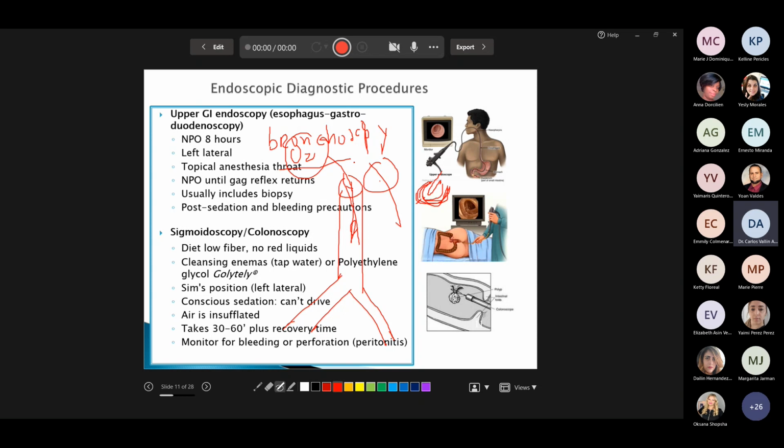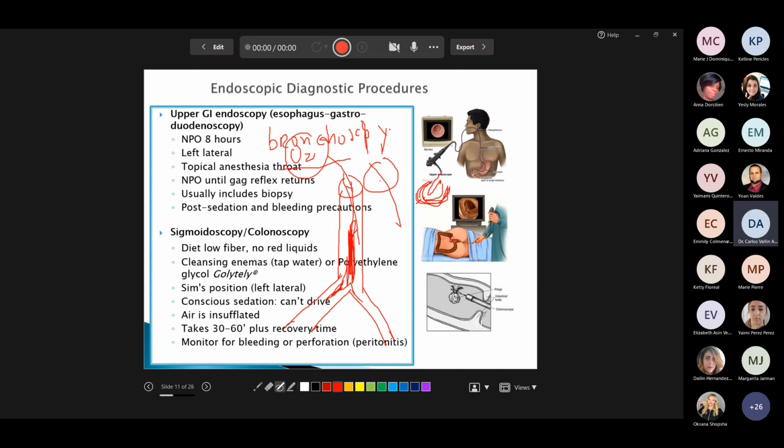And apart from that, you need to know that a frequent complication when an instrument is introduced in the airway is that it can initiate bronchospasm. Bronchospasm is what happens, for example, to a person with an asthma attack. The person doesn't need to be asthmatic, but the manipulation can induce bronchospasm.